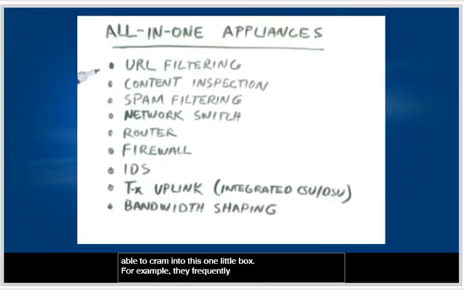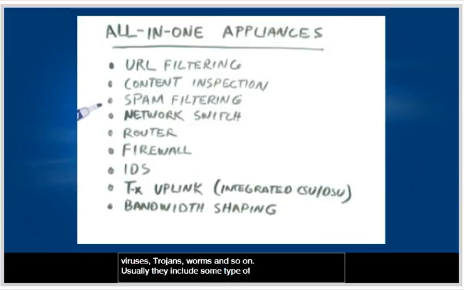For example, they frequently implement URL filtering. They can also implement content inspection. This is for your web-based connections, making sure that HTTP connections meet certain criteria and the content being accessed via HTTP meets certain criteria. And it may also include malware protection in this functionality to make sure that the content coming back does not contain viruses, trojans, worms, and so on.